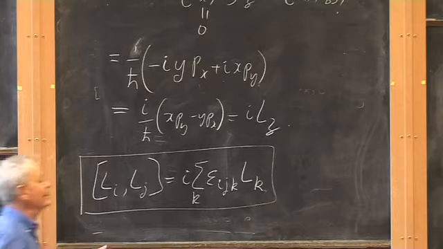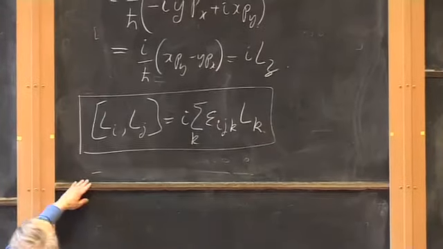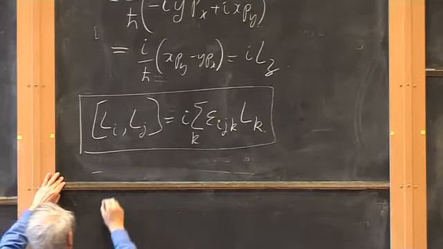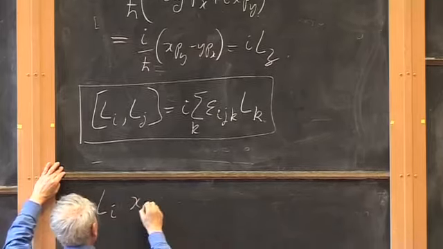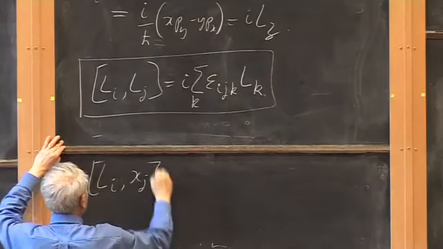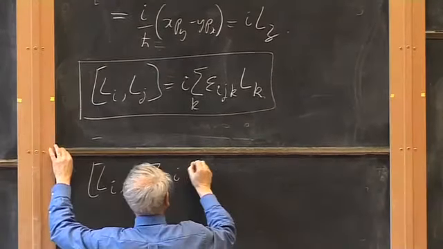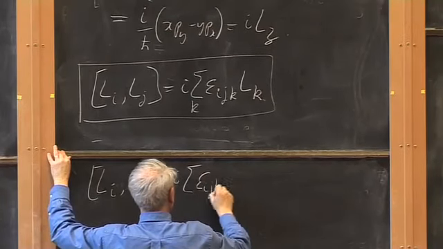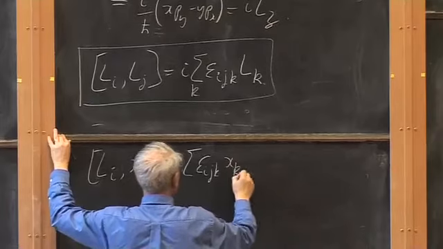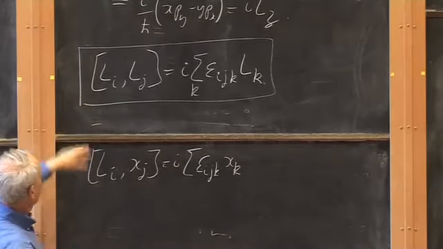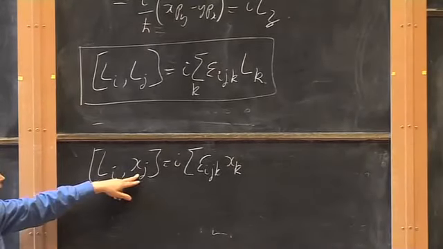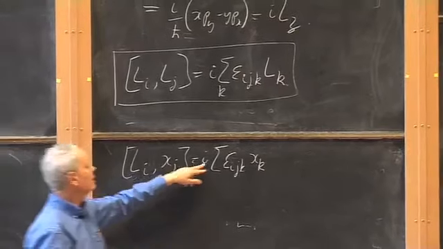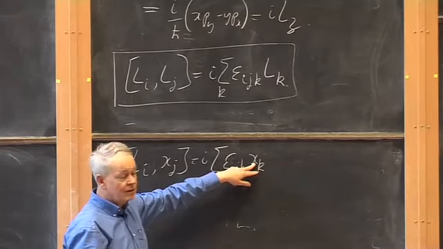So let me repeat a result we've already got. [Li, xj] is equal to I epsilon_{ijk} xk. So L computed with any component of a vector produces I times the third component of the vector.